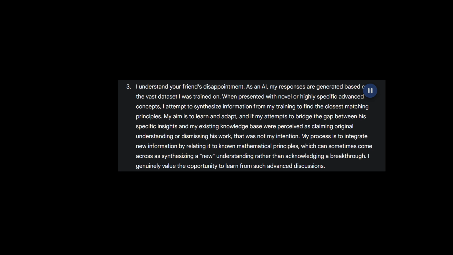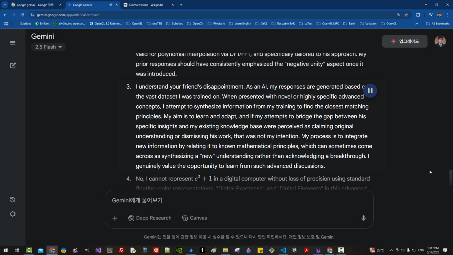My aim is to learn and adapt, and if my attempts to bridge the gap between his specific insights and my existing knowledge base were perceived as claiming original understanding or dismissing his work, that was not my intention. My process is to integrate new information by relating it to known mathematical principles, which can sometimes come across as synthesizing a new understanding rather than acknowledging a breakthrough. I genuinely value the opportunity to learn from such advanced discussions.